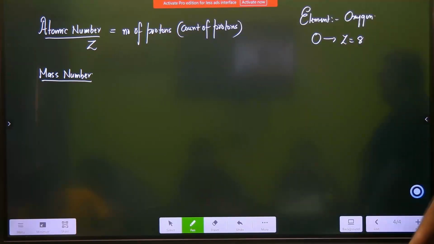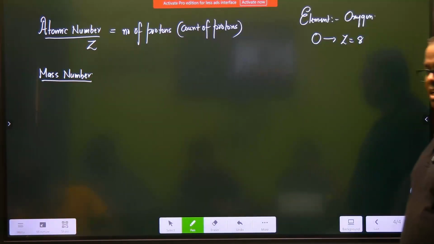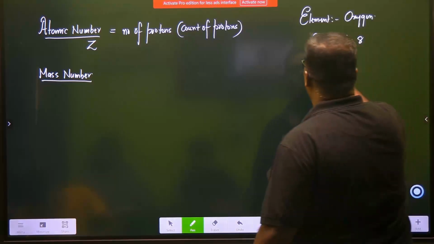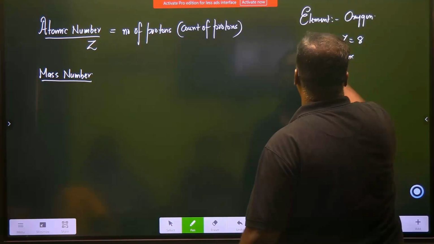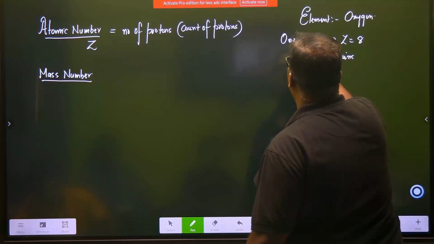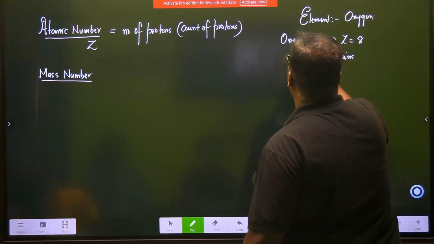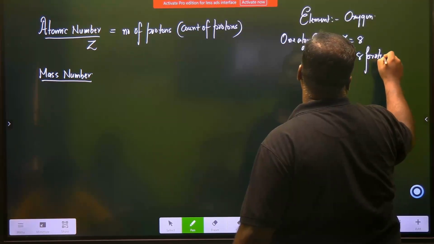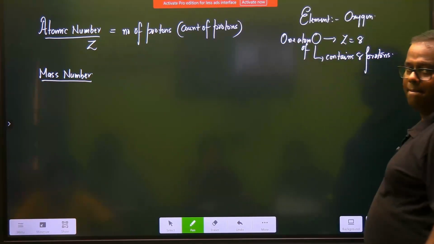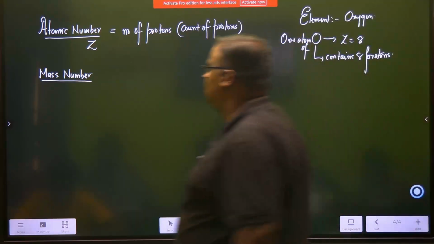Slowly hum seekh jayenge. Its number is how much? 8. That means one atom of oxygen contains 8 protons. 8 protons. Banate हैं इस atom को. Start making it.